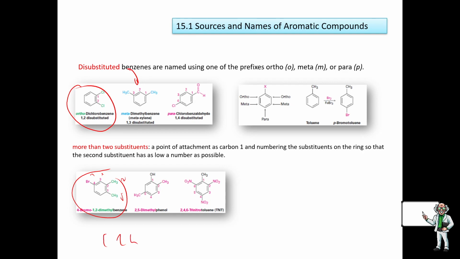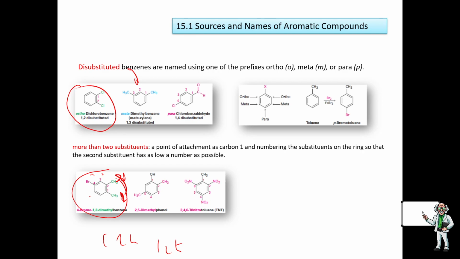If we do the opposite, 1, 2, 3, 4, 5, it will be 1, 2, 5. Obviously 1, 2, 4 is better than 1, 2, 5. That means the number 1 will be this one, and we will go in this direction. So this will be 4-bromo, bromo is in position 4, 1,2-dimethylbenzene.